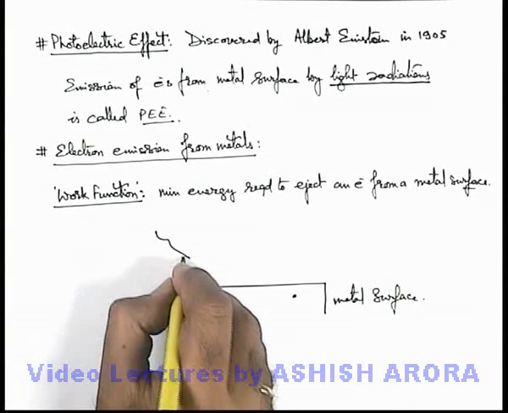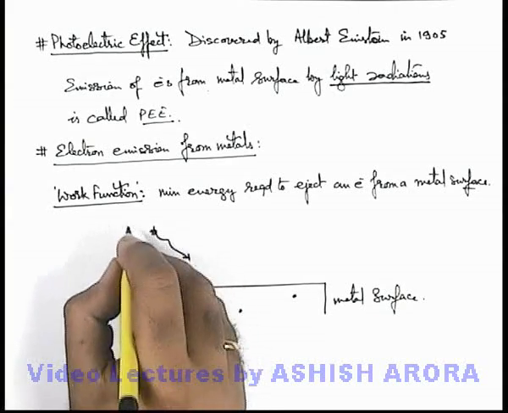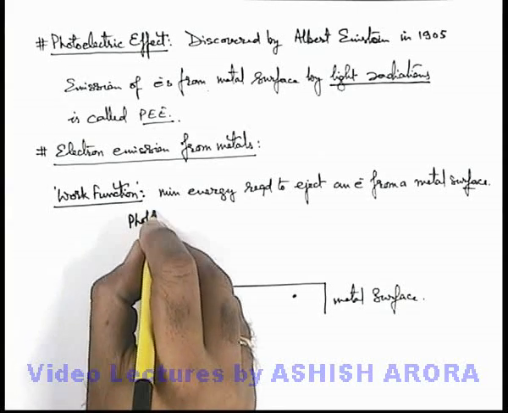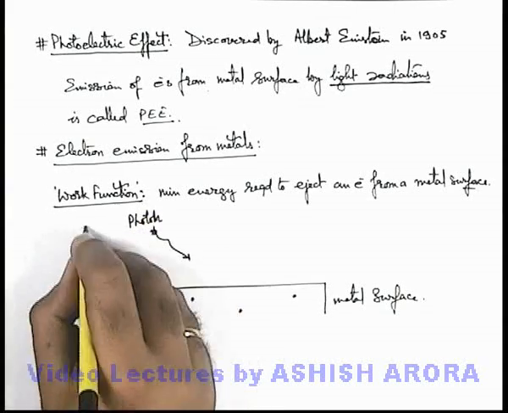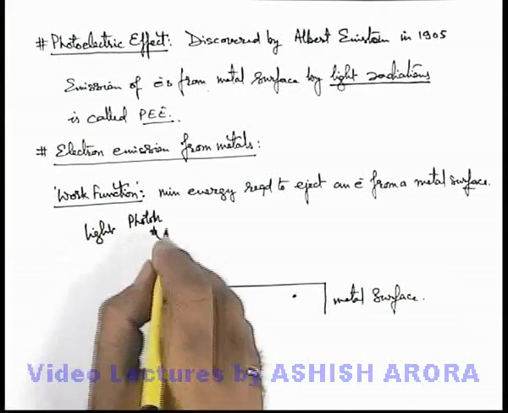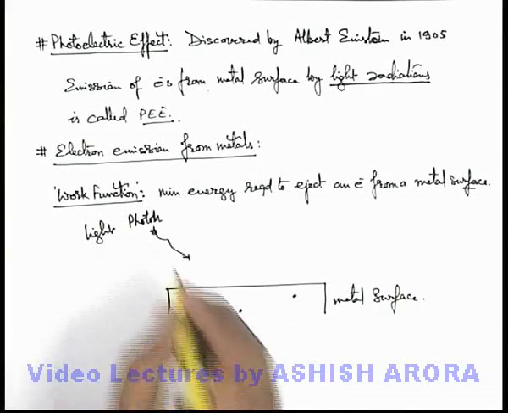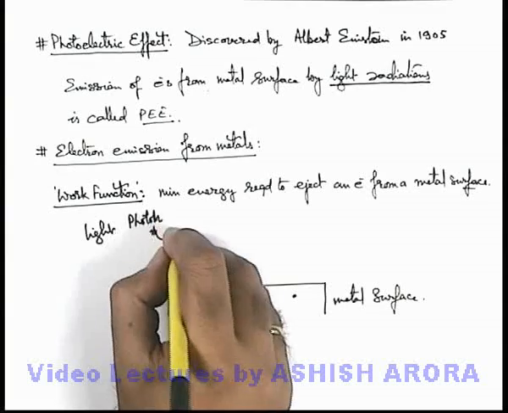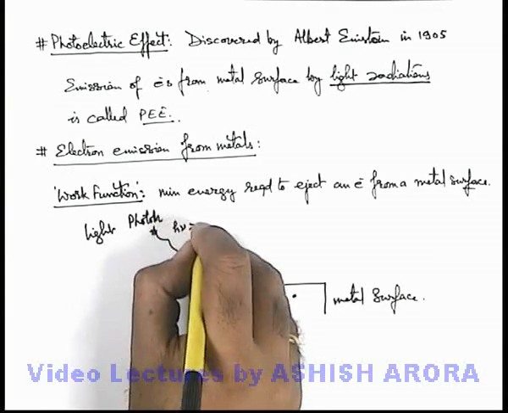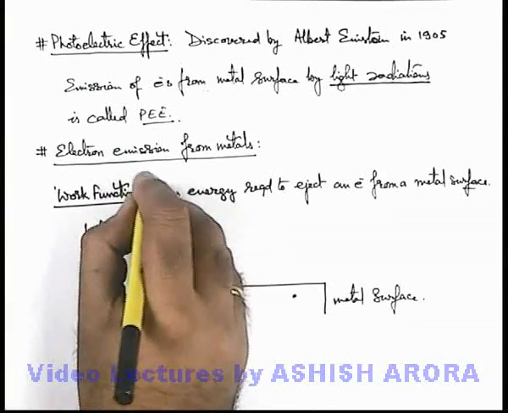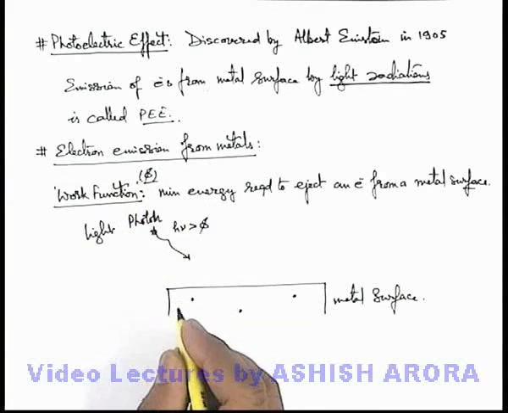And say if externally some photon is supplied, there is a light photon, which is supplied onto the metal surface, when the photon will incident such that the photon energy h nu is more than the work function. This work function is denoted by the symbol phi.